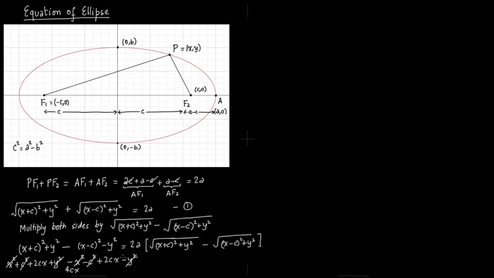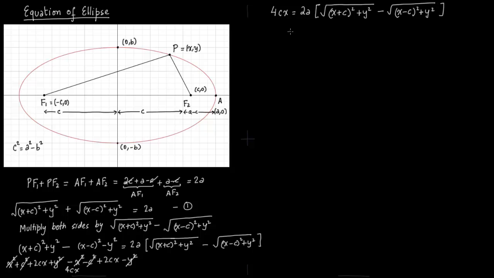So let us copy this result down. Now we get 4cx is equal to 2a times square root of x plus c whole square plus y square minus square root of x minus c whole square plus y square.